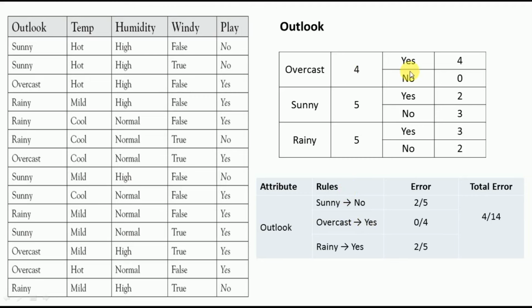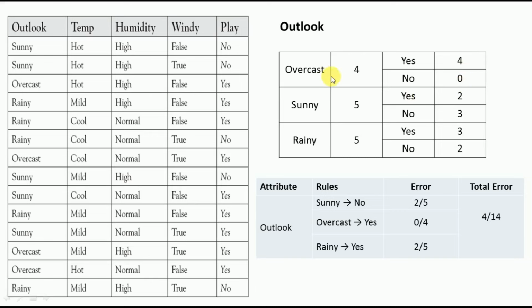The meaning of this is that I need to write a rule where we can make maximum correct decisions. For example, if I make the rule overcast is equivalent to yes, I get 4 correct decisions and 0 wrong decisions.